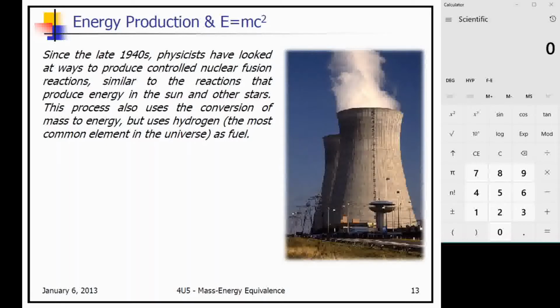It says here, since the late 1940s, physicists have looked at ways to produce controlled nuclear fusion reactions, similar to the reactions that produce energy in the sun and other stars. The process also uses the conversion of mass to energy, but uses hydrogen, the most common element in the universe, as fuel.